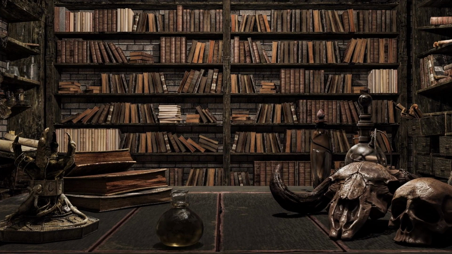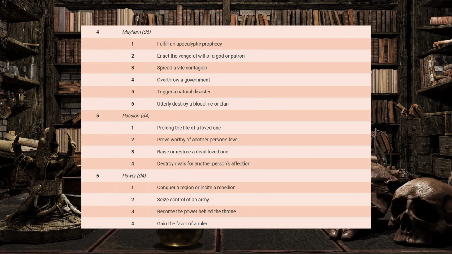Now that we have our villain, next we establish what their scheme is. As stated before, in Chapter 4 of the DMG, we have those random tables that can create or inspire these ideas. Since our villain is a war chief, it makes sense that they would probably seek either power or mayhem.